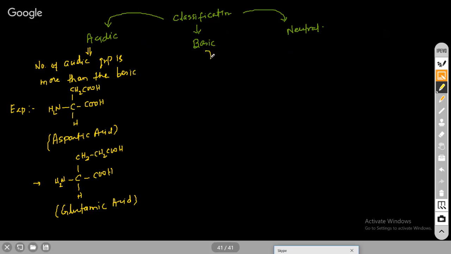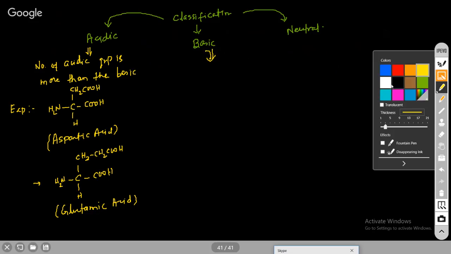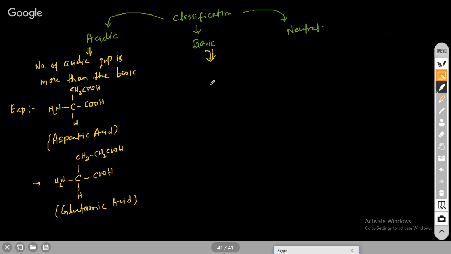Now for the basic amino acid, the number of basic groups is more than acidic groups.